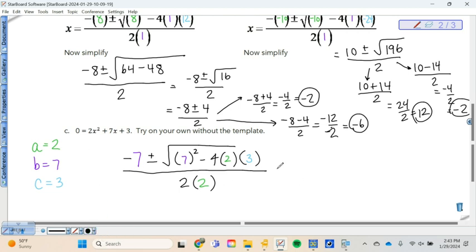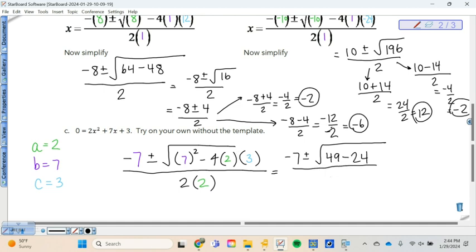Then we simplify. So I'll leave the negative 7 alone. I'm going to add or subtract, and let's figure out what's underneath this square root symbol. So what's 7 squared? 49. And then 4 times 2. 8, and 8 times 3. 24.